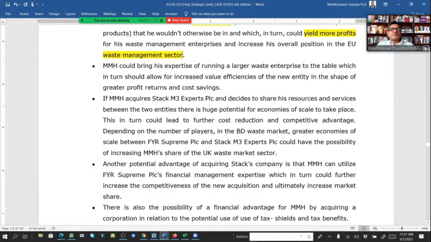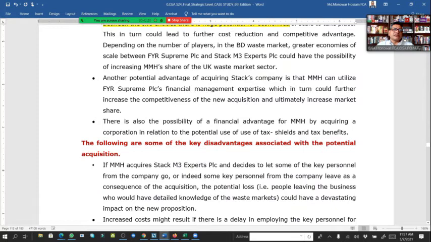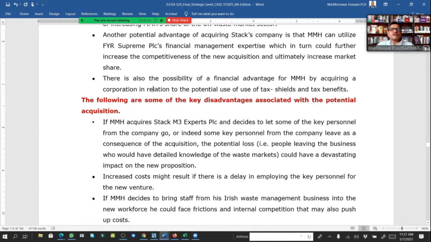And MMA could bring its expertise of running a large waste enterprise and decide to share resources. Those are the positive advantages. There is also a possibility of financial advantages for MMA by acquiring the corporation in relation to the potential use of tax shelter and tax benefit.